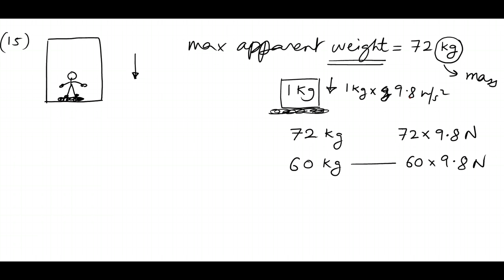Of course, in the question it is mentioned that the value of g to be taken is 9.9 meters per second square. So actually what I should have written here is 9.9, and likewise 72 kg corresponds to 72 into 9.9 newtons, and 60 kg corresponds to 60 into 9.9 newtons, but that's a minor point.